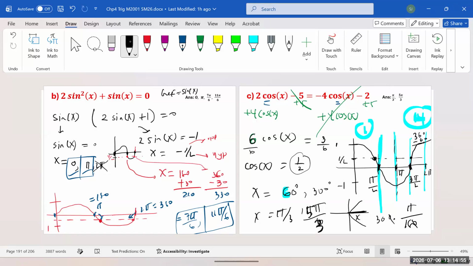Convert them into radian. For this one, we have sine 0 and sine negative 1/2. Now, if you look at the quadrant, sine is y. Y is negative here and here, right? This is negative y, this is positive y. So negative y is in quadrant 3 and quadrant 4. So which angle has opposite 1, hypotenuse 2? 30 degrees.